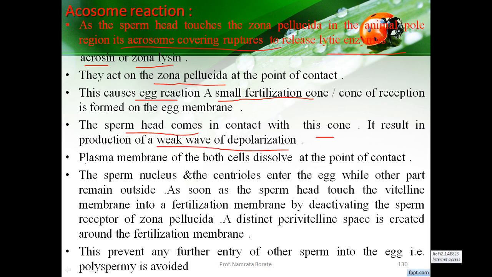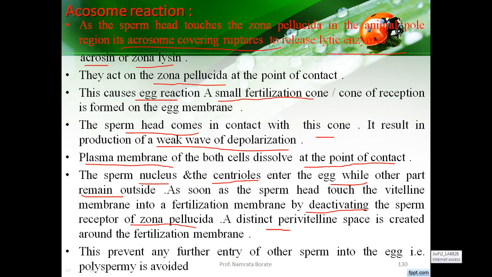The plasma membrane of both the cells, that is the sperm head and the egg plasma membrane, is dissolved at the point of contact. The sperm nucleus and the centriole enter inside the egg while the other part remains outside. As soon as the sperm head touches the vitelline membrane, it changes into the fertilization membrane by deactivating the sperm receptor of the zona pellucida.